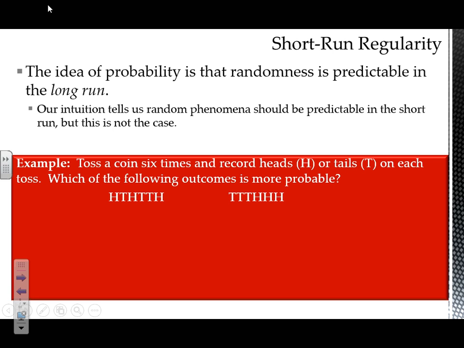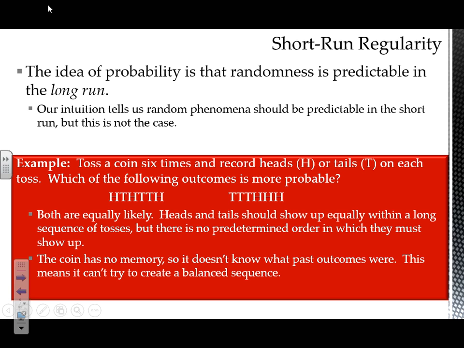We don't know what's going to pop up. So when we look at these events, people sometimes trick themselves into believing one thing is more likely than another. People like to think this is more likely because it looks more random. But the thing about random is it doesn't have a certain look. It can be anything. So when we look, both are equally likely.